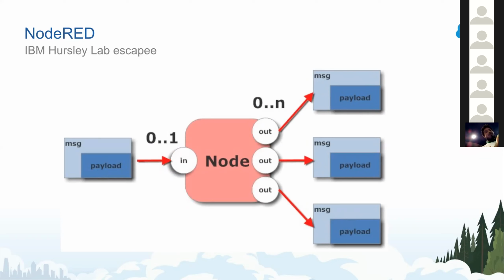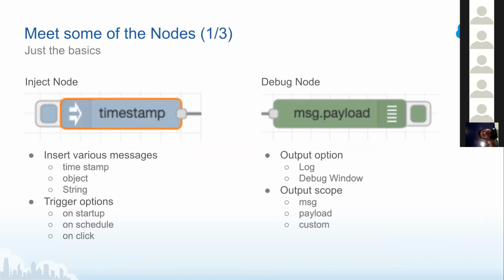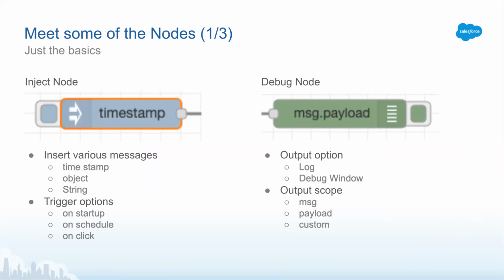Let me just introduce you to a few of the basic nodes. The very simple one is the inject node. That's a little blue node. You can click on it, and what it does is simply send out a message. That is the node that we normally use when we want to try and test something out.